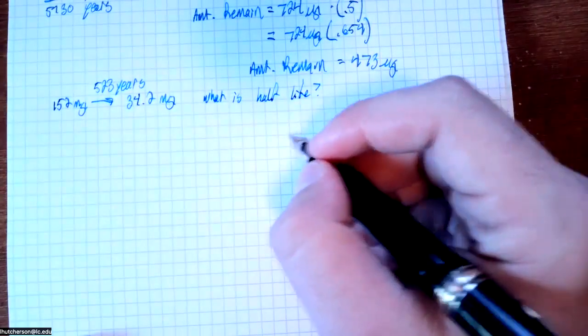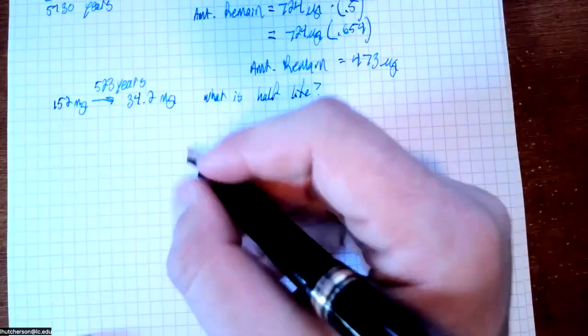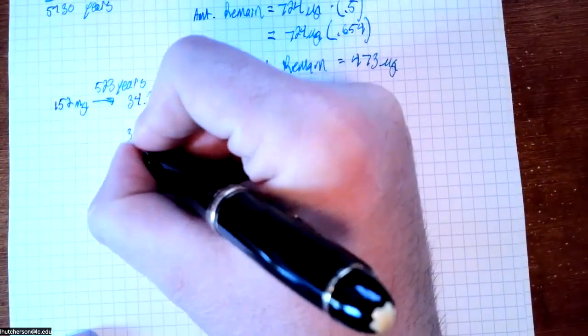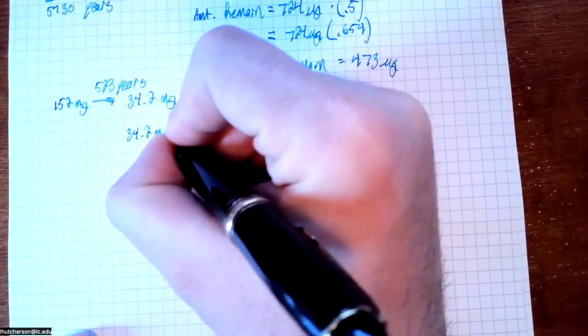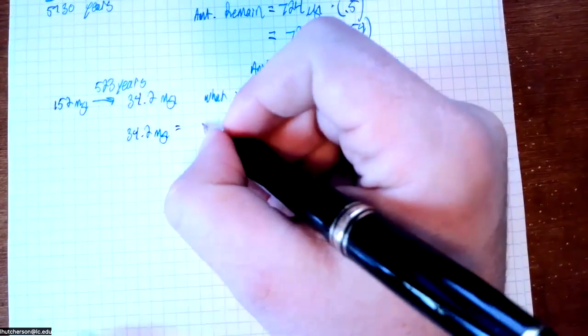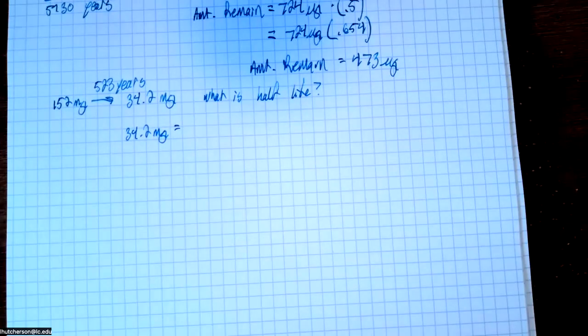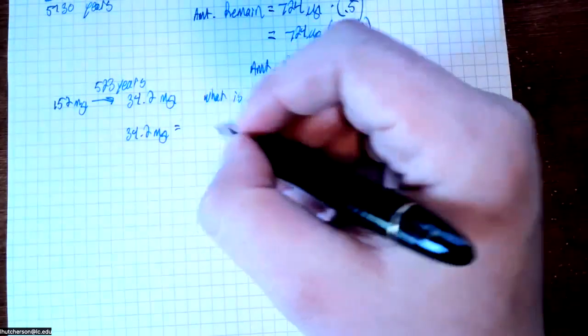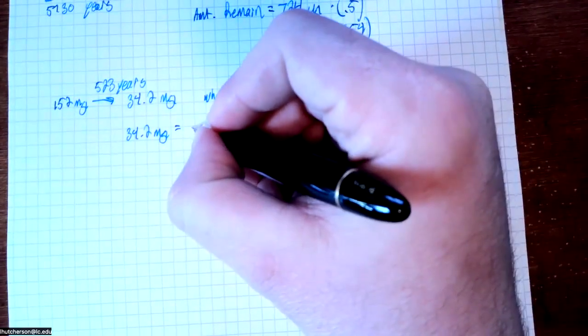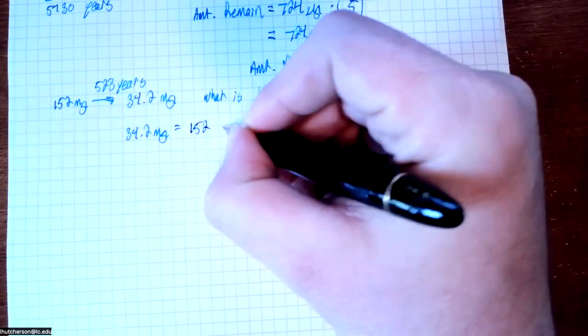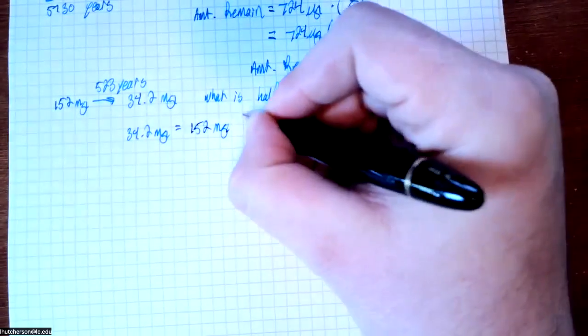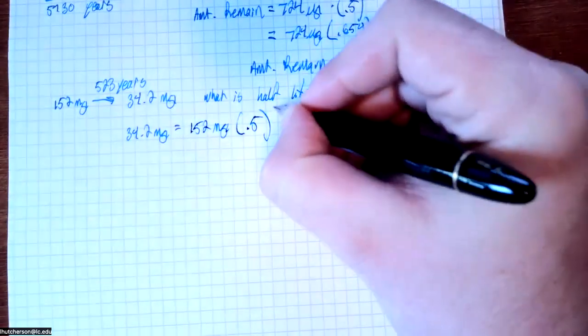Here's how we can do that. So first of all, let's just plug what we have into this equation. We have our amount remaining, which is 34.2 milligrams, is equal to 152 milligrams times 0.5 raised to the power of n.